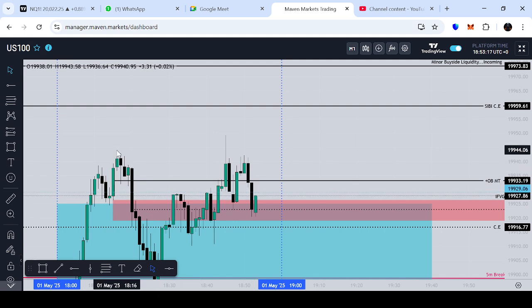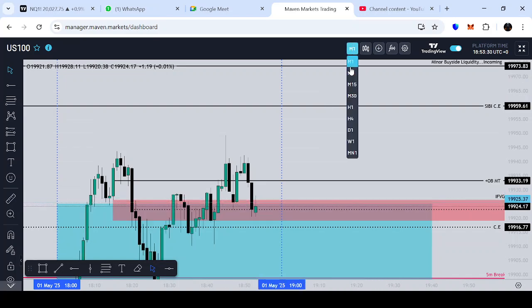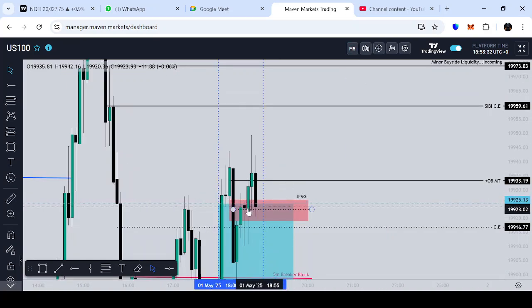After taking the buy side liquidity there, this is a rejection block. Then price seeks the sell side liquidity resting below here at the 5 minutes inversion. This is a 5 minutes inversion. Here is the consequent encroachment.